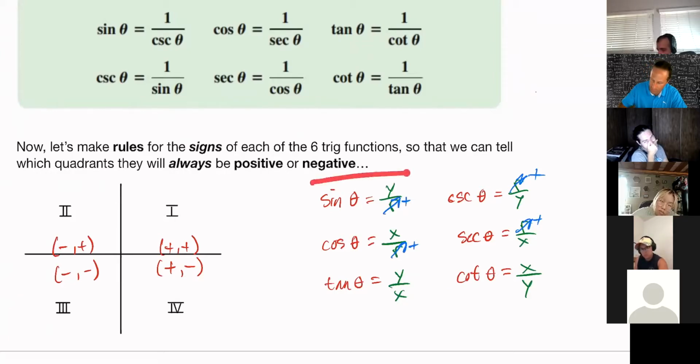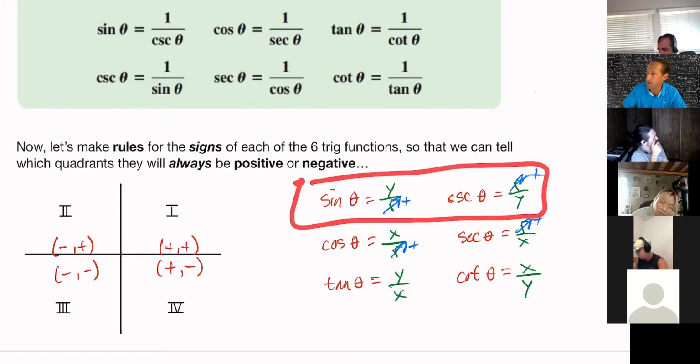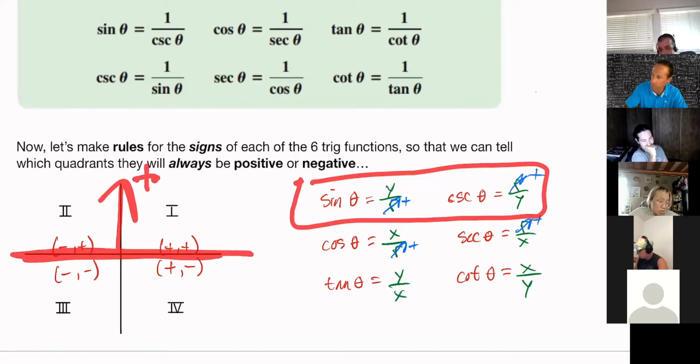And since I know that the sine is always the y values, I know that this splits the positives for the y values and the negatives for the y values.